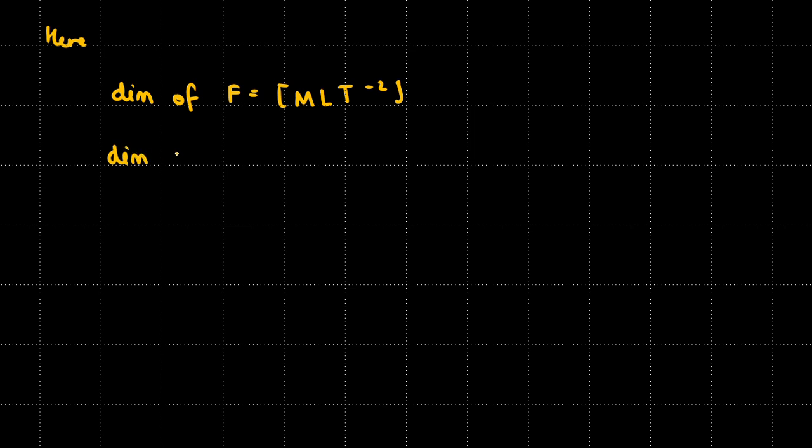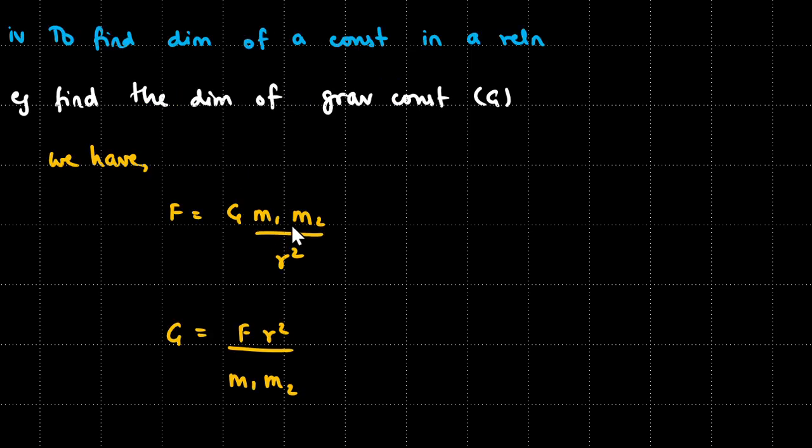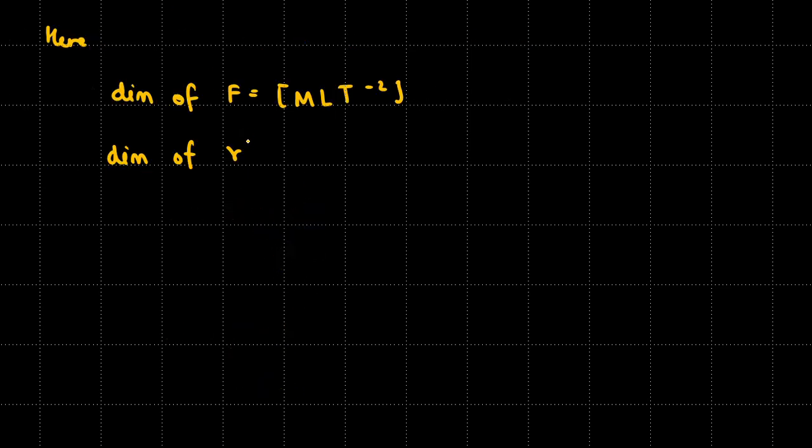Similarly, the dimension of r, the distance here, is the same as of length. And finally, the dimension of m1 or m2, because they are masses, both are masses, it will be M.